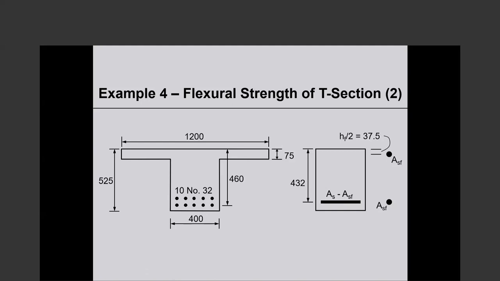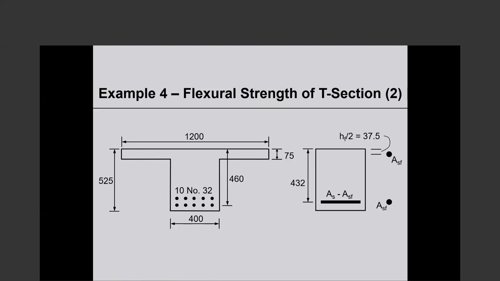As long as the stress block depth is less than or equal to the flange thickness, a T-beam is no different from a rectangular beam as wide as the effective width. However, if the stress block depth, not neutral axis depth, exceeds the flange thickness, then we have to do so-called T-beam analysis, which is what we are about to do.